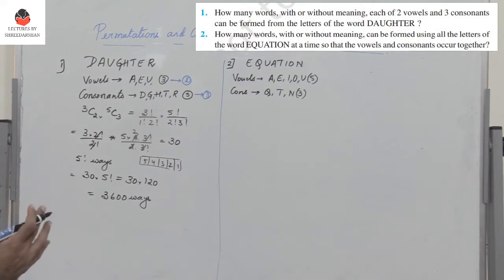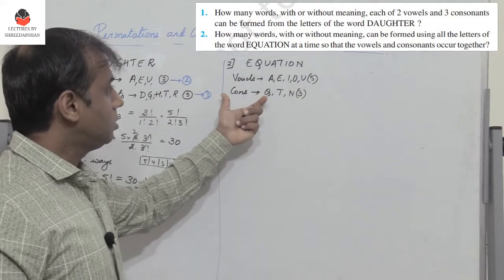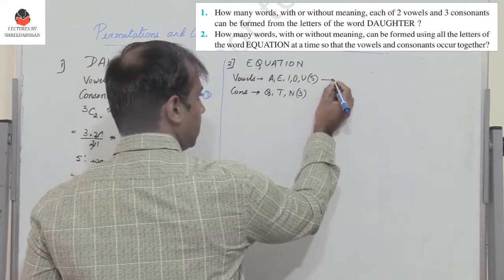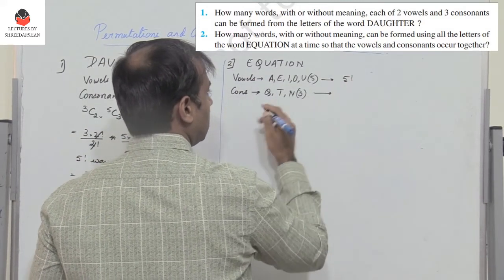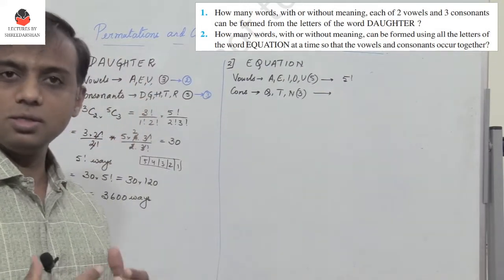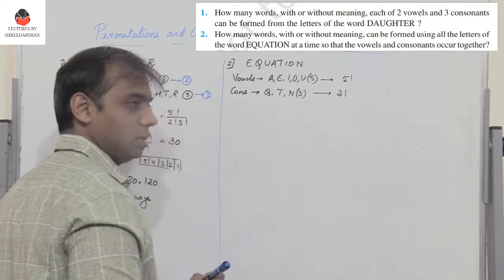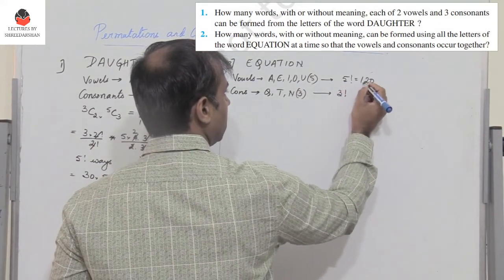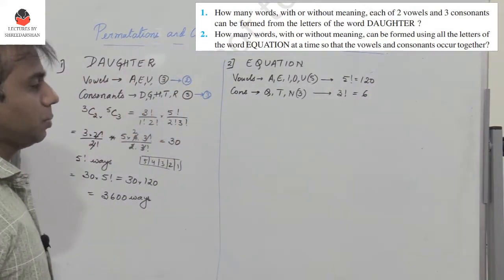The 5 vowels have to be together and the 3 consonants also have to be together. Together means the vowels can be permuted in factorial 5 ways, and the 3 consonants can be permuted in factorial 3 ways. Factorial 5 is 120, factorial 3 is 6. Now what are the possibilities?